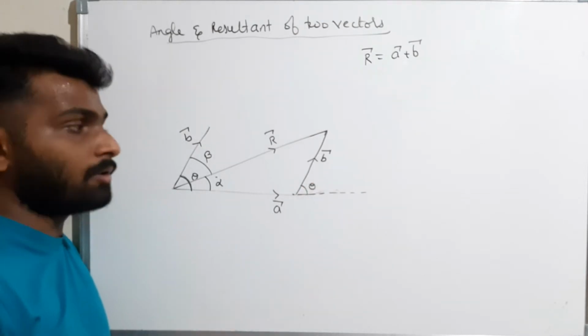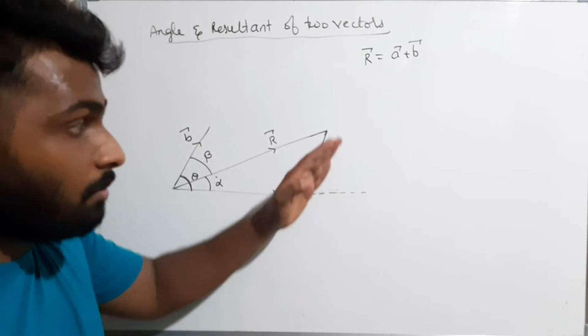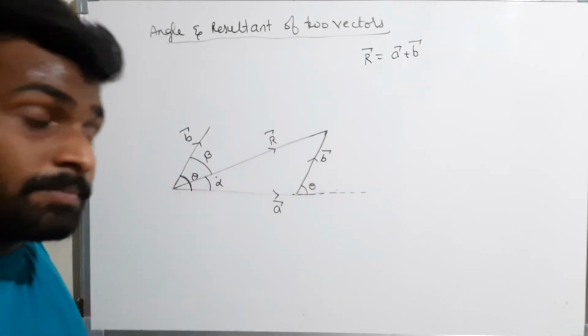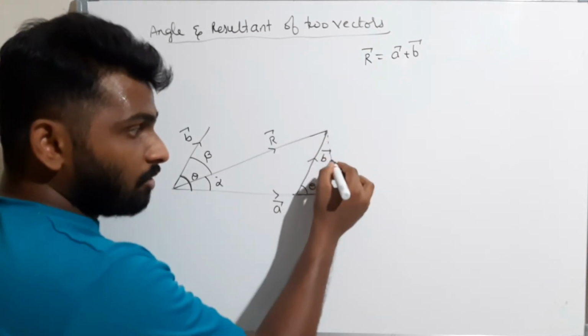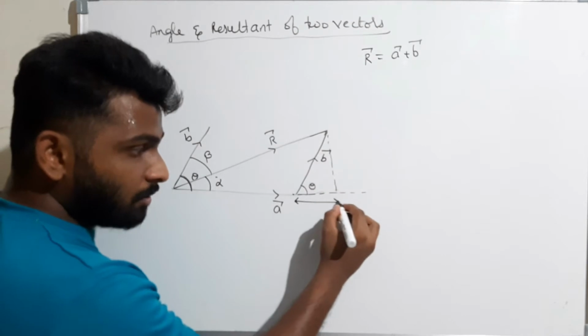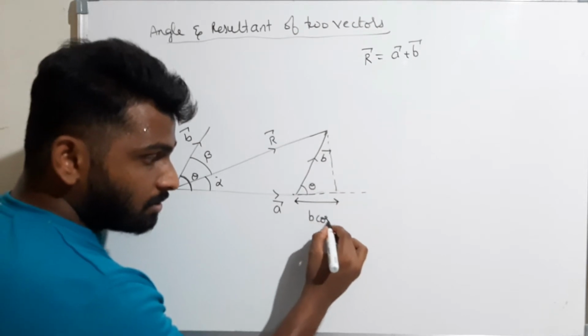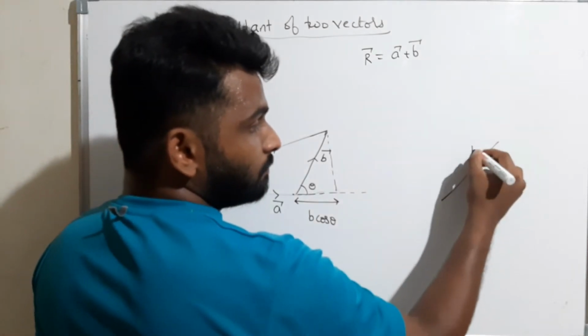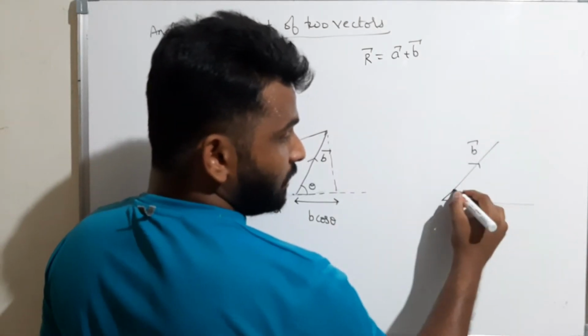Okay, well and good. Now I am resolving the b bar. What is the component of b bar along the angle side? It is b cos theta. This is b bar, and this is angle theta.